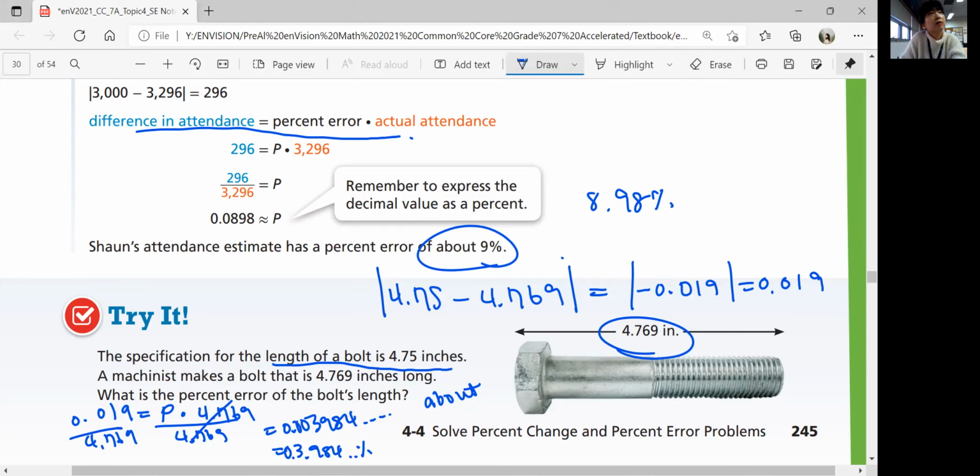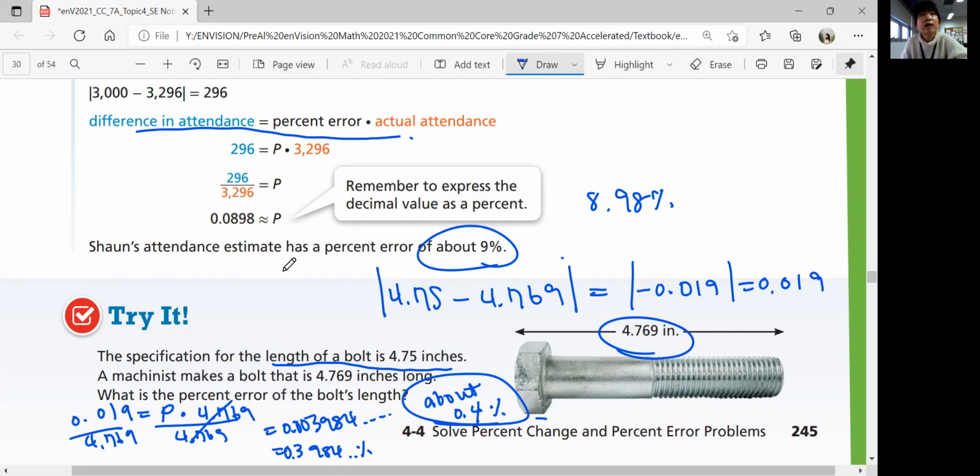It shouldn't be that great; 3% is a big percent for a bolt. So it's 0.3984%. When you round that, it's about 0.4%.